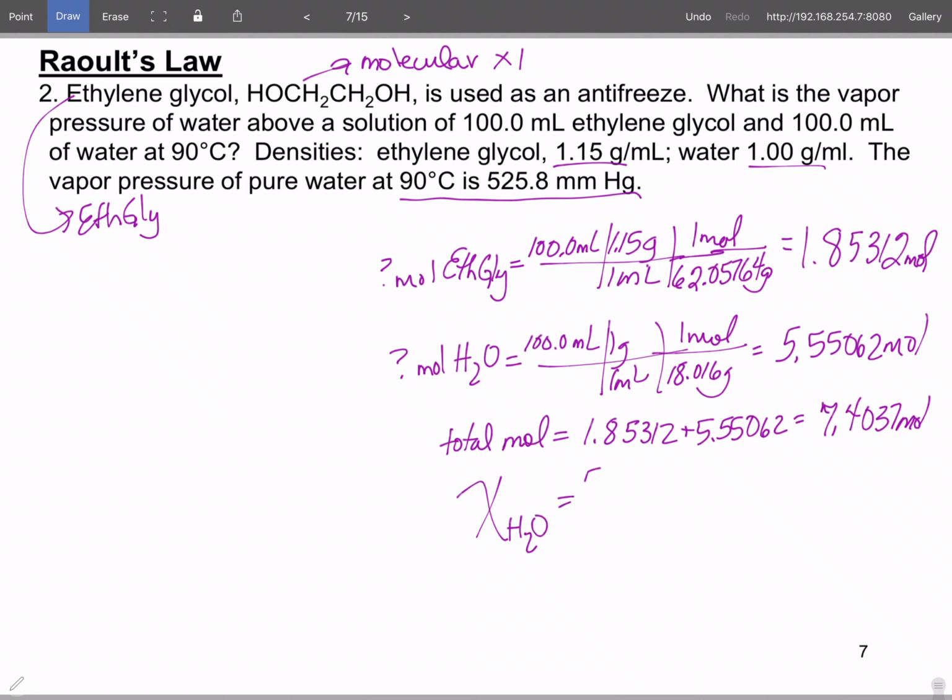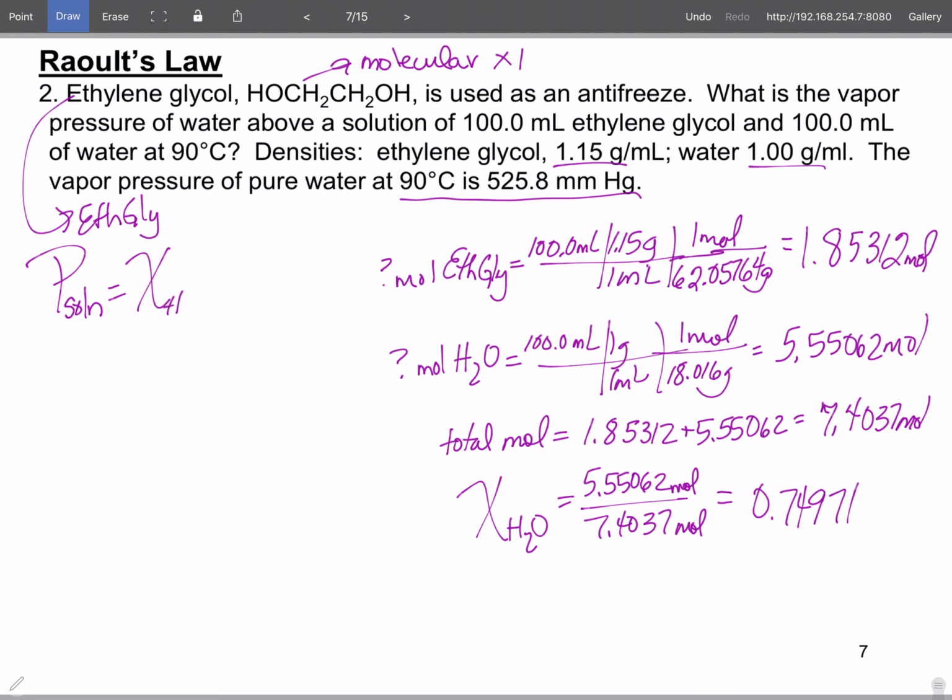So that would be 5.55062 divided by 7.4037. Both of these, remember, are moles. So this is the mole fraction, and we get 0.74971.